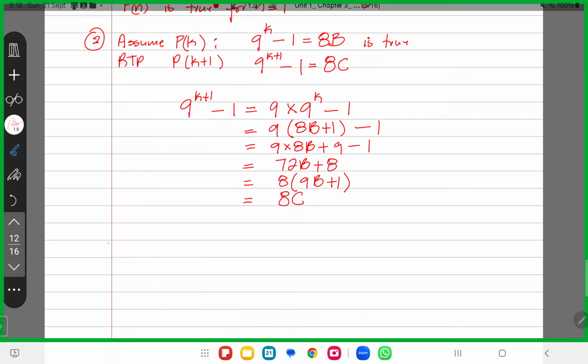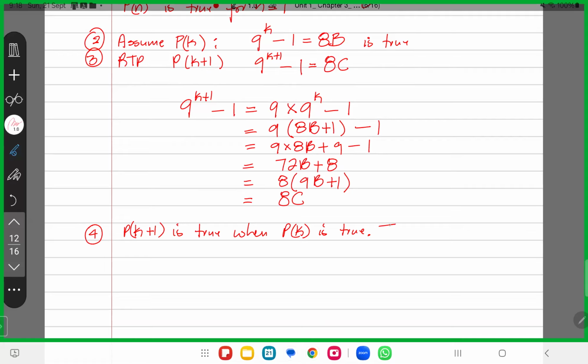After that, now I'm at step 4. This was step 3. That Pk plus 1 is true when Pk is true.